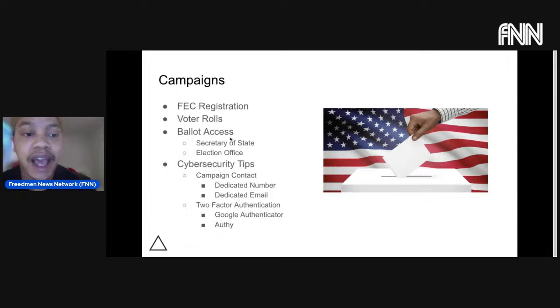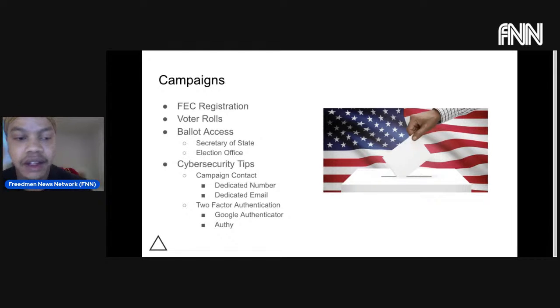In terms of ballot access, that's where the Secretary of State comes in and the election office. Every state has an election office and the Secretary of State, and usually in some combination they run elections. So that's how you'll be able to get on the ballot officially.